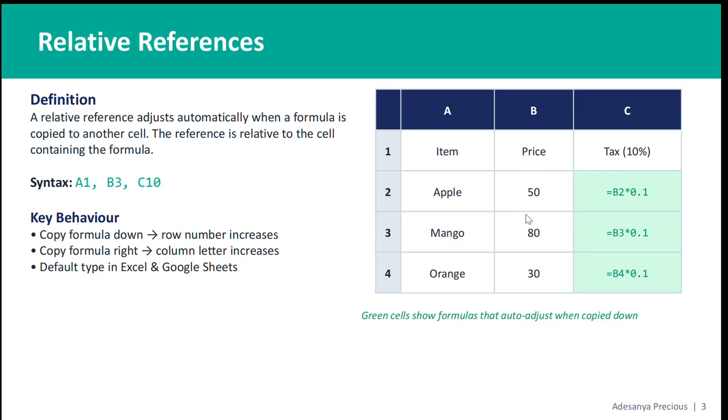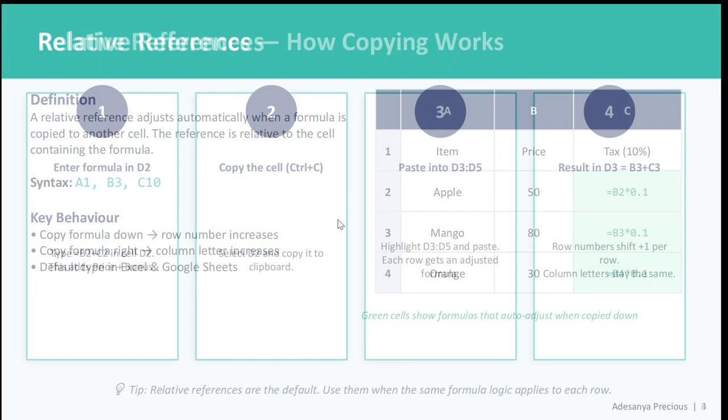So that means if we have a cell like this multiplied by, let's say, 0.1, we drag down, we have the same multiplication by 0.1. So this is the normal Excel reference. It comes with it. It's called relative referencing.